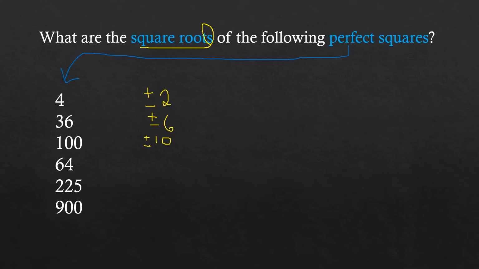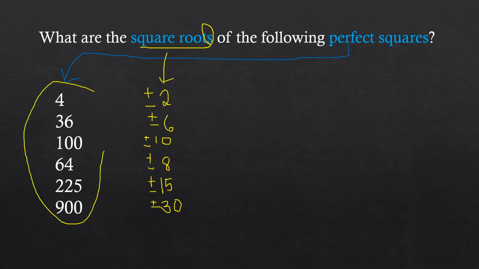That's right, it's positive and negative 8. How about 225? The answer is positive and negative 15. And last, we have 900. It's positive and negative 30. So we have here the square roots of our perfect squares.